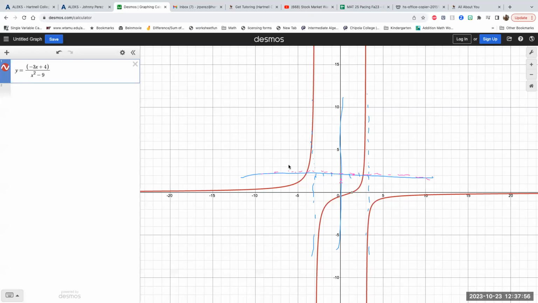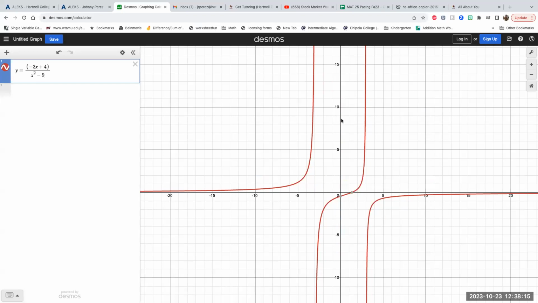So that tells me that my graph lives up here. If I were to pick a point greater than 3, say 4, my value would be negative. And so that tells me my graph lives down here. Okay, so let me clear my blue graph. And so this is what your final graph looks like.